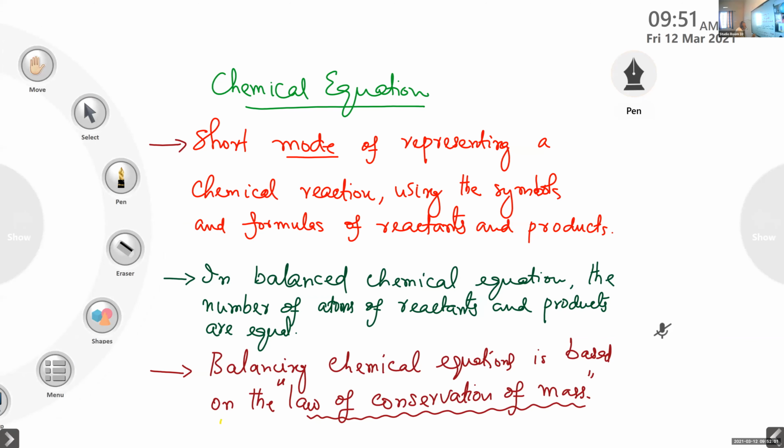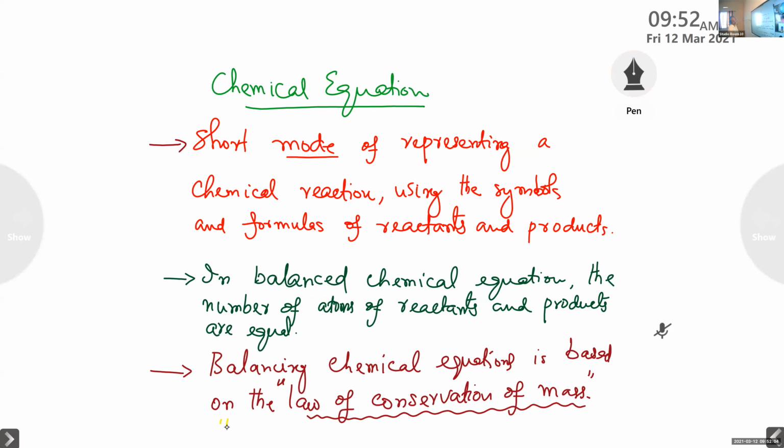You can write here: mass can neither be created nor be destroyed during a chemical reaction, and not only in a chemical reaction, but during any change. So mass can neither be created nor be destroyed.